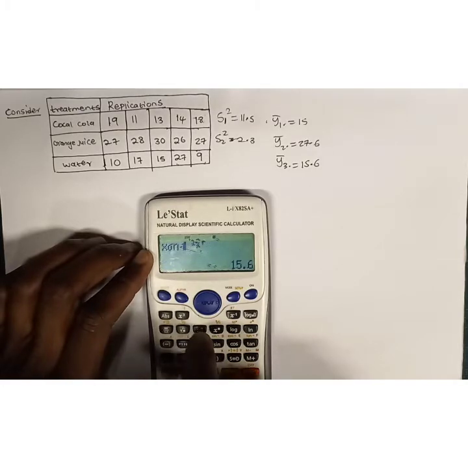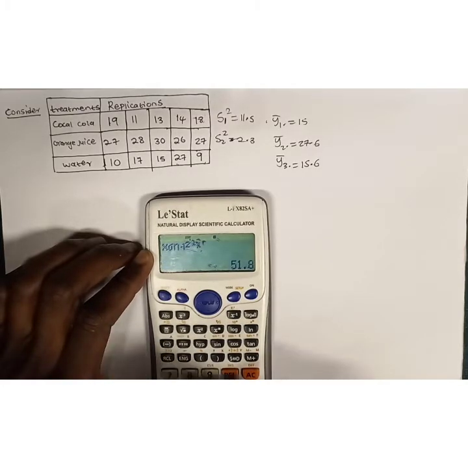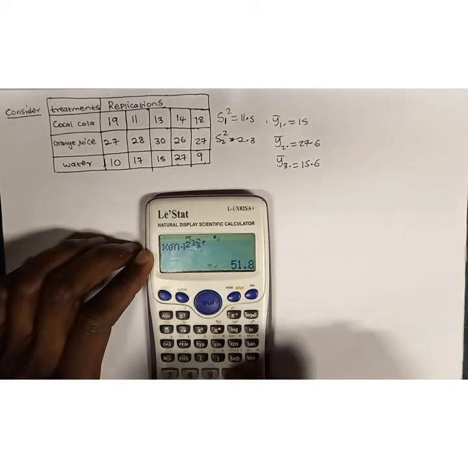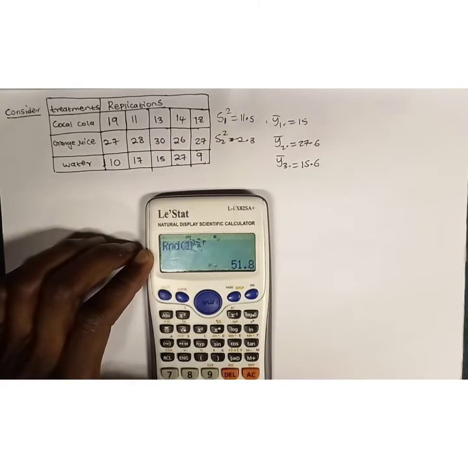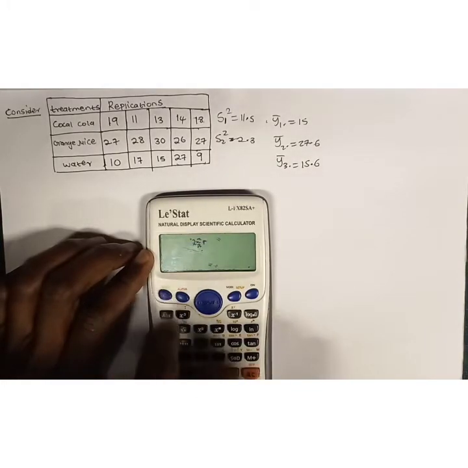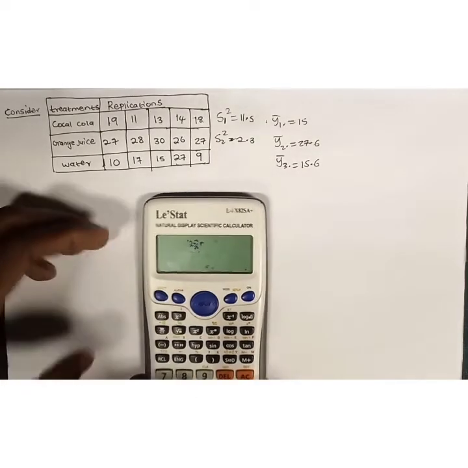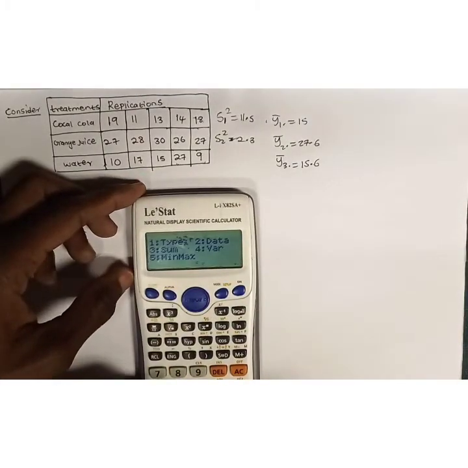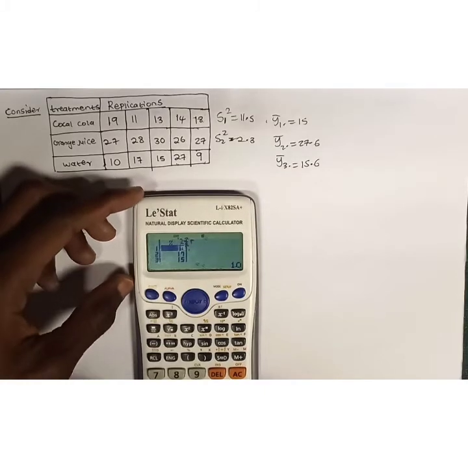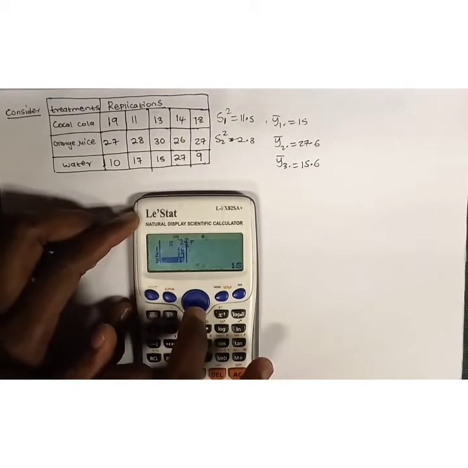So now the variance for the third. Let me confirm my data for this one if it's correct. I have 10, I have 17, I have 15, I have 27.